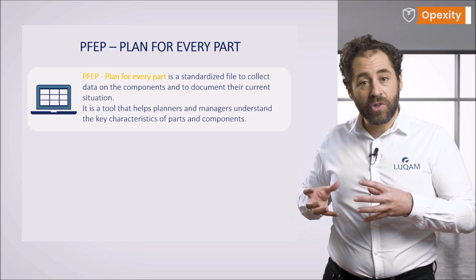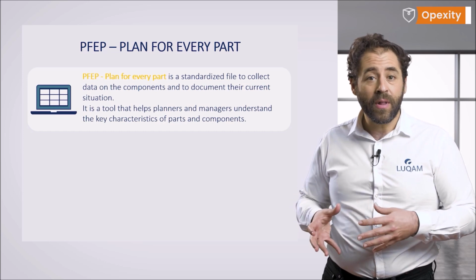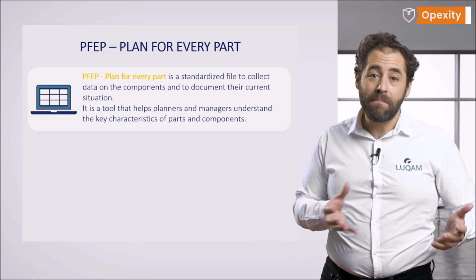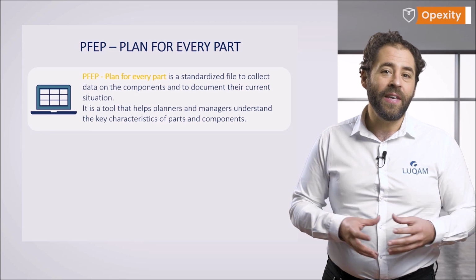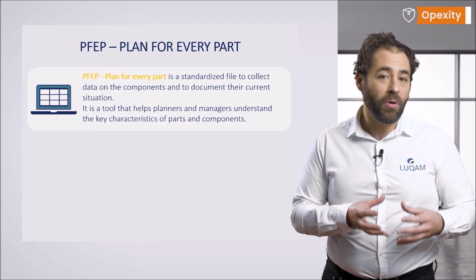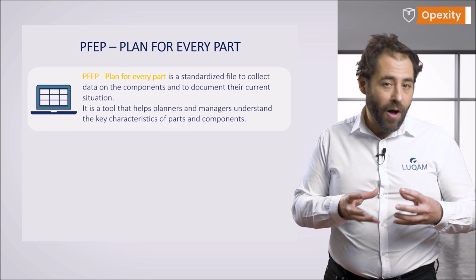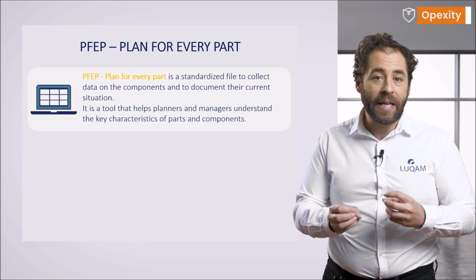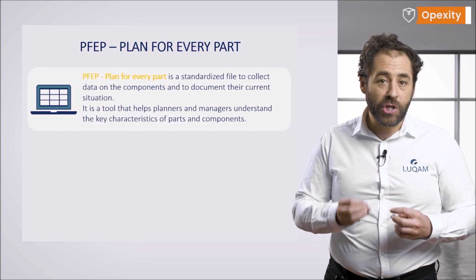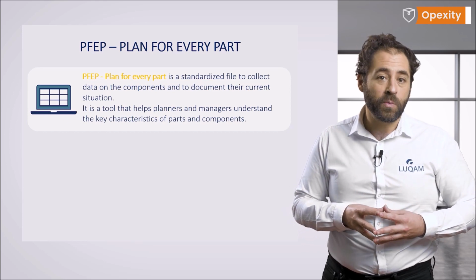document their current situation. It's a tool that helps planners and managers understand the key characteristics of parts and components. It's the process of optimizing and streamlining material planning, logistics, and warehouse management.